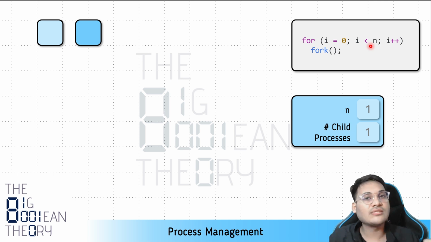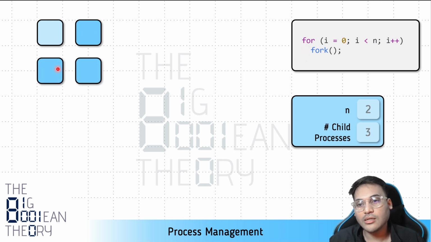So this loop will be executed one more time if the value of n is 2, in both the parent as well as the child process. This fork will be executed one more time, and we will have two new processes. This parent will create again a child process, and this child process, which was already created, will create another new process.